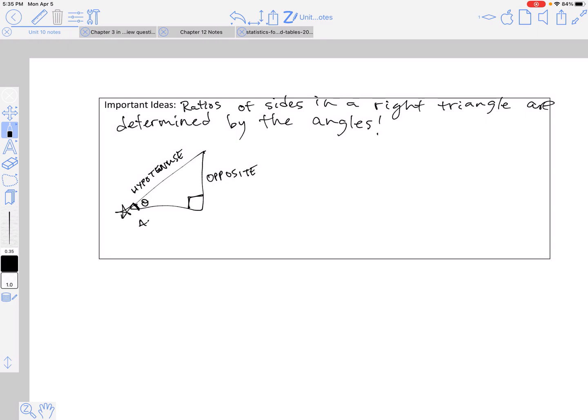And then this side will be adjacent. So sine of theta, sine of an angle, will be opposite over hypotenuse. Cosine of an angle will be adjacent over hypotenuse. And tangent of theta will be opposite over adjacent.